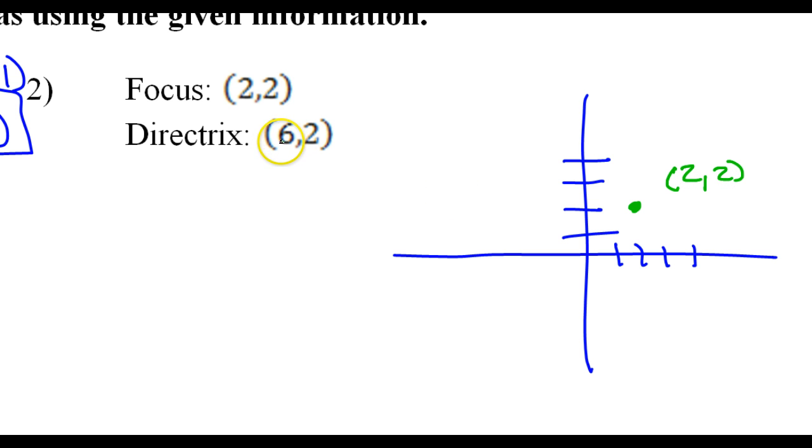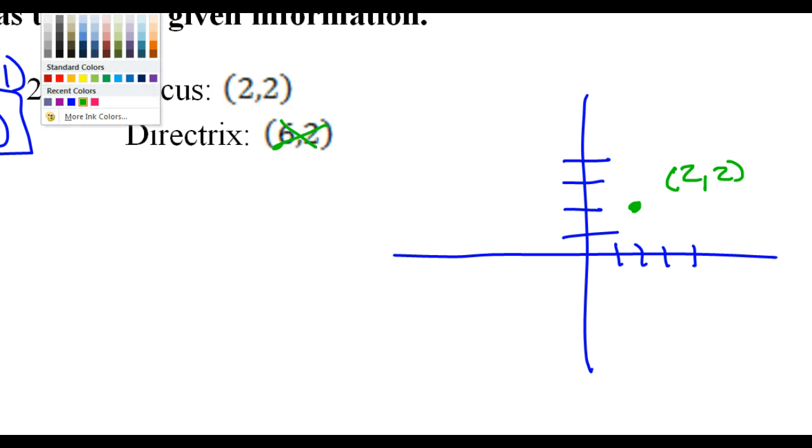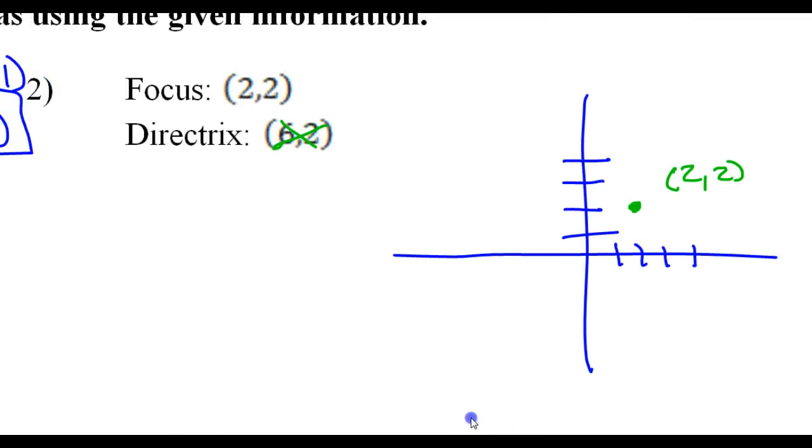Whoa! That is not supposed to be 6, 2. Let's say the directrix is x equals 6.